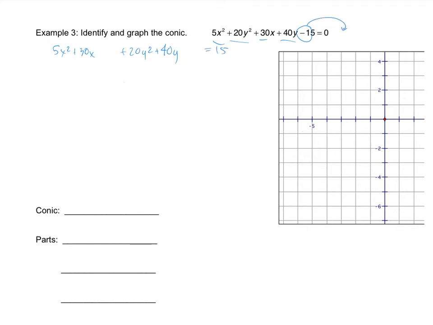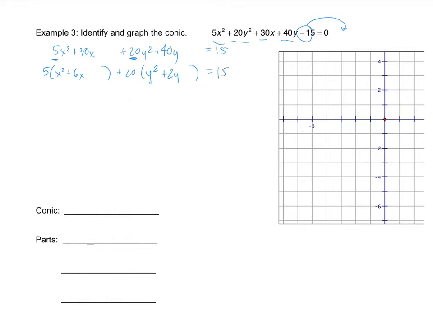Now remember, to complete the square, you have to have a leading coefficient of 1. The leading coefficients are not 1, so we have to do some factoring first. Let's factor out a 5 from our x terms, giving us x squared plus 6x. And let's factor out a 20 from our y terms, leaving us y squared plus 2y.